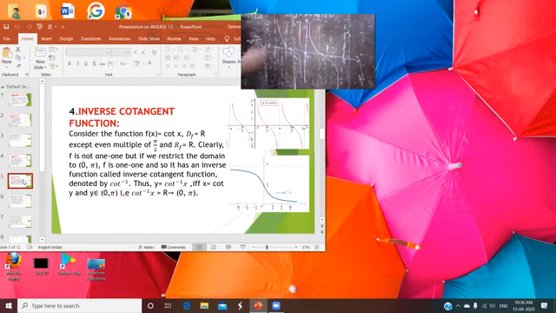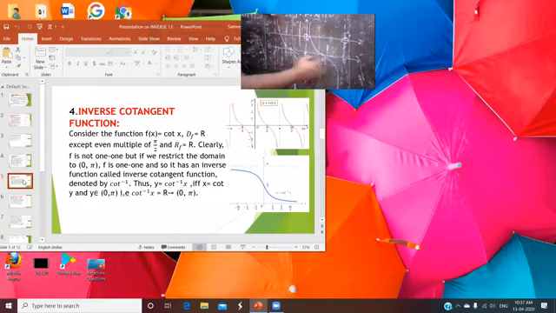So here you see that if you draw the line, again it is not one-one. So you have to restrict its domain. Here it is not defined, so that point is not taken, and for pi it is also not defined, so that point is also not taken.